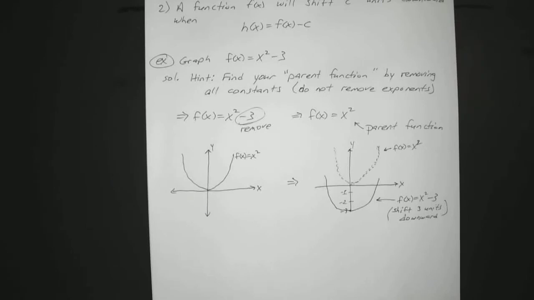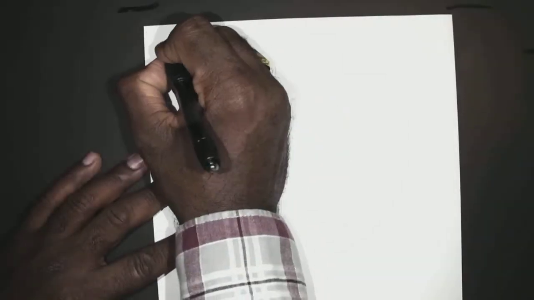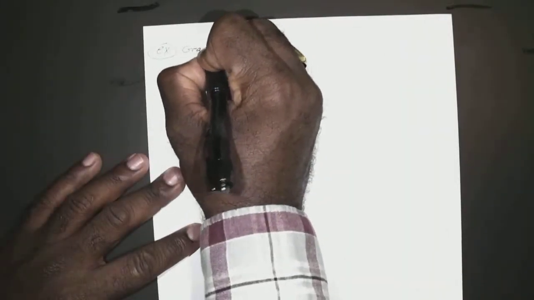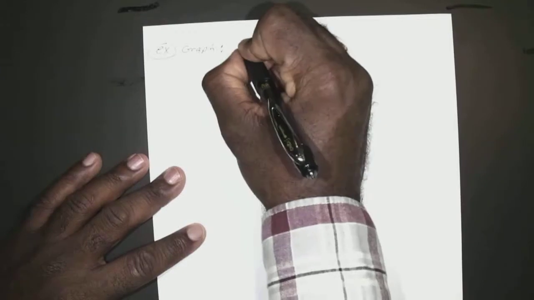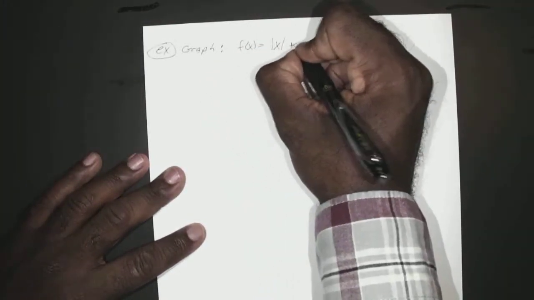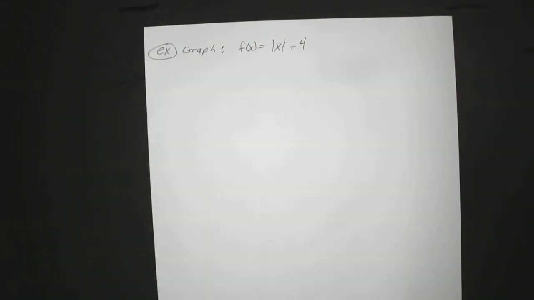All right, let's go to the next example. Okay, so let's say, for example, we wanted to graph f of x equals absolute value of x plus 4. Remember, the first thing you want to do is find your parent function.